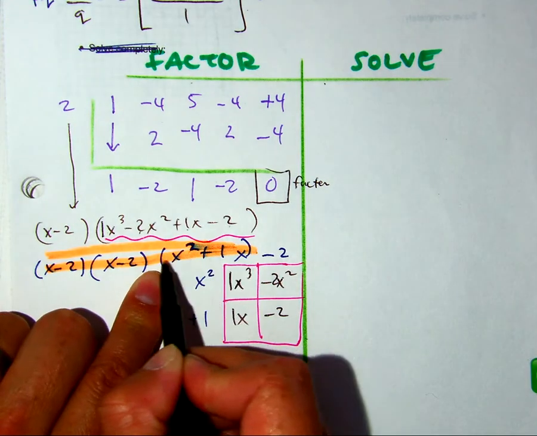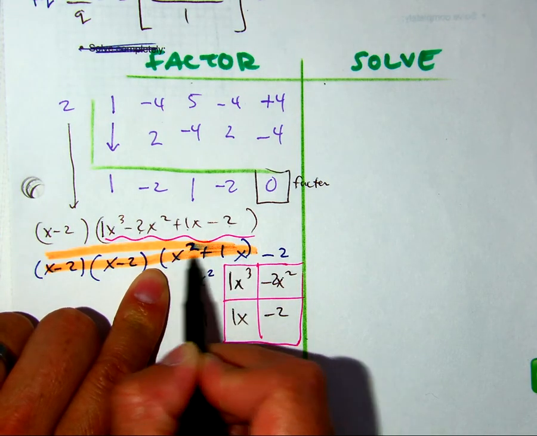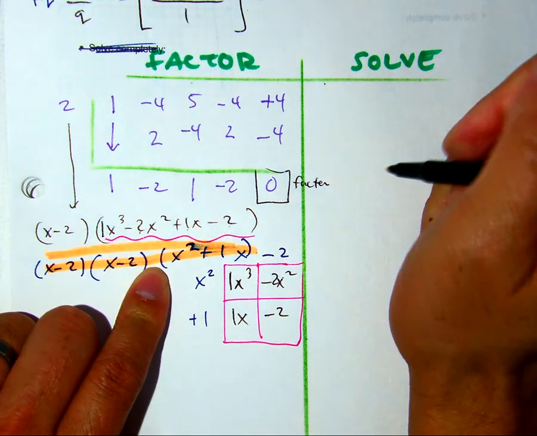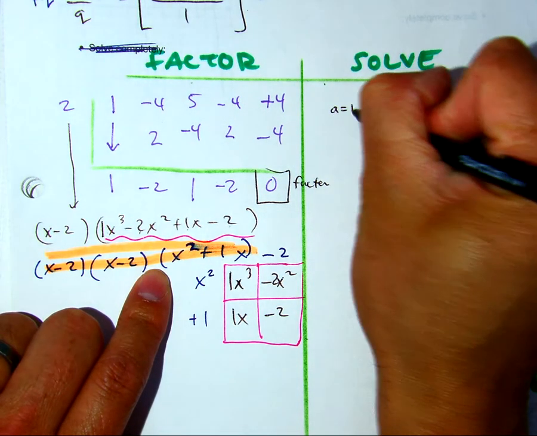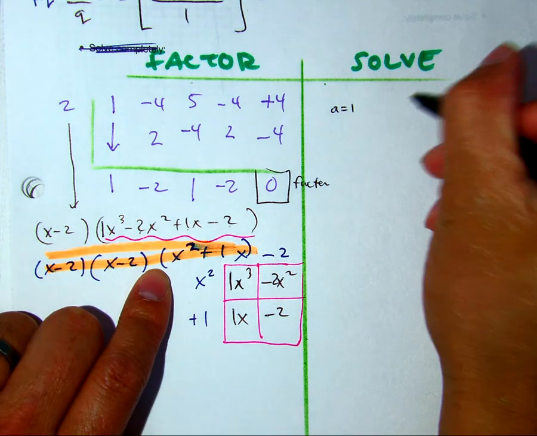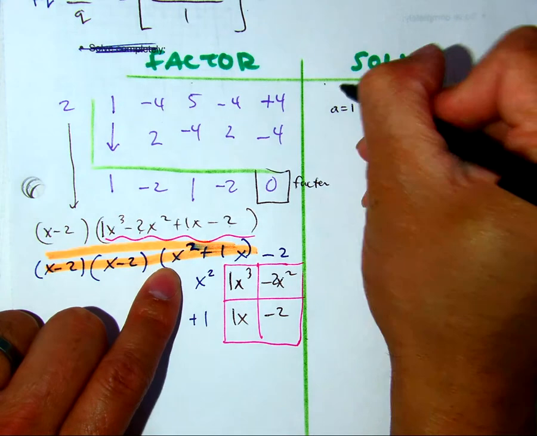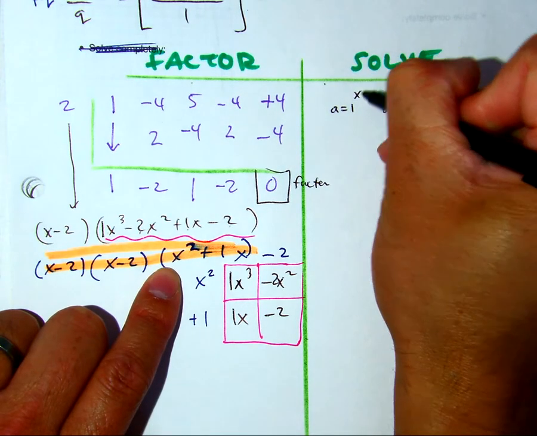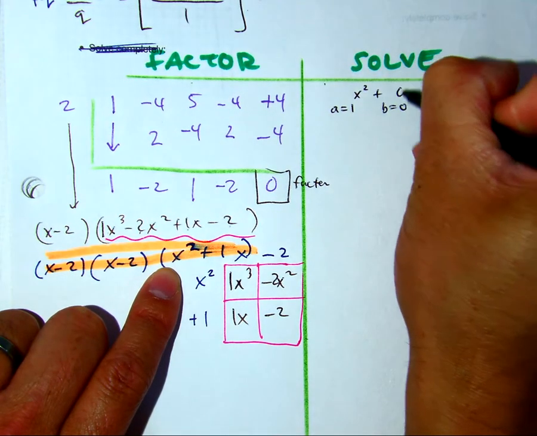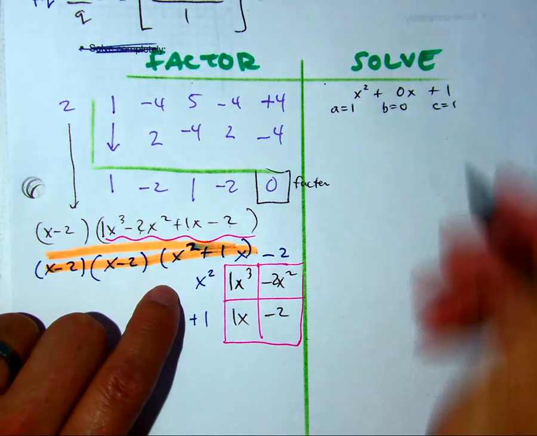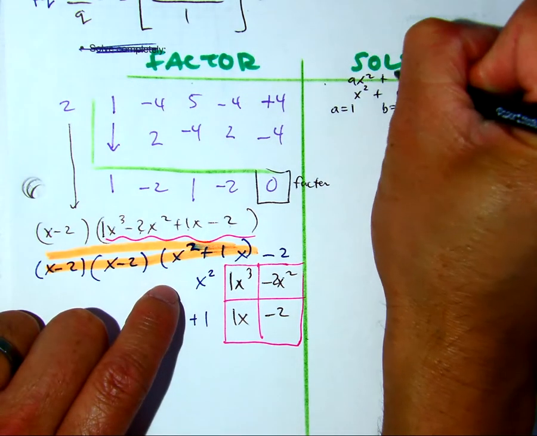Can you help me identify the A, B, and C, Kiana? A is 1. B is 0. And C is 1. Correct. So Kiana probably put a placeholder of 0x. Right? Ax squared plus bx plus c.